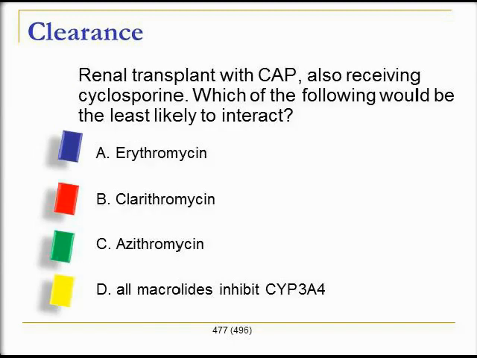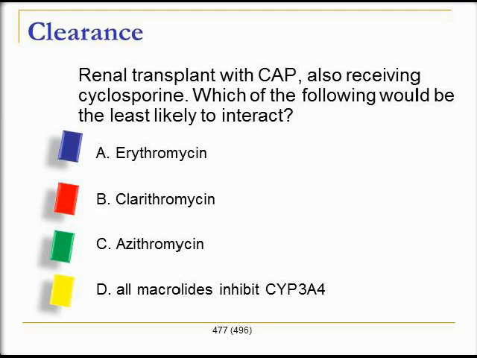I wanted to spend a little more time, however, on cytochrome P450, and so the next question on the top of page 477, question 5, has to do with cytochrome P450. So a renal transplant patient is receiving cyclosporin, and he is diagnosed with community-acquired pneumonia. So the patient is admitted to the hospital and initiated on ceftriaxone and a macrolide.